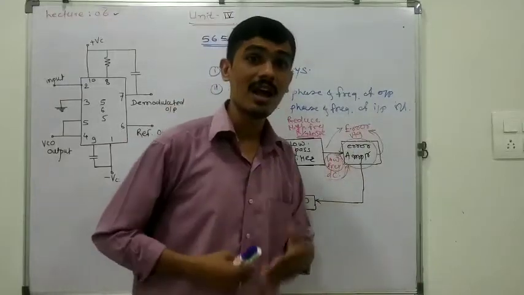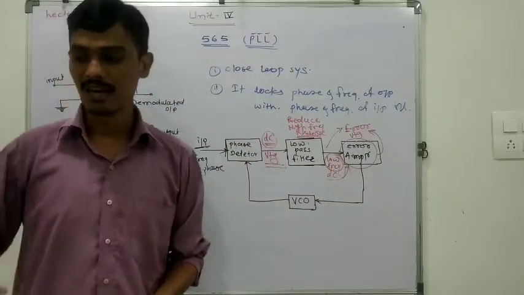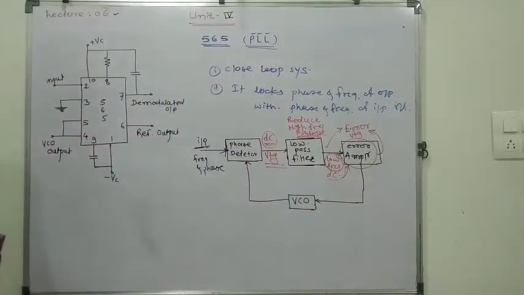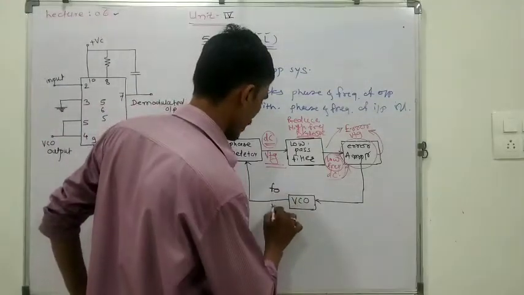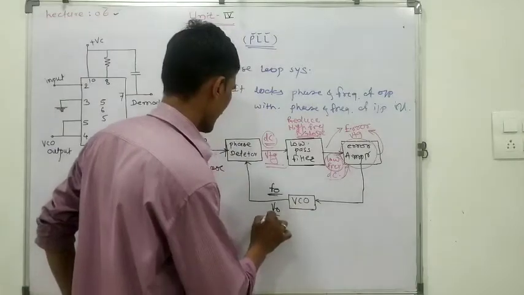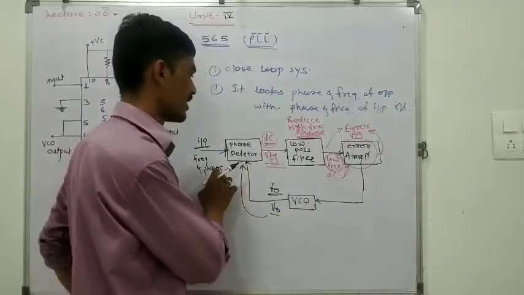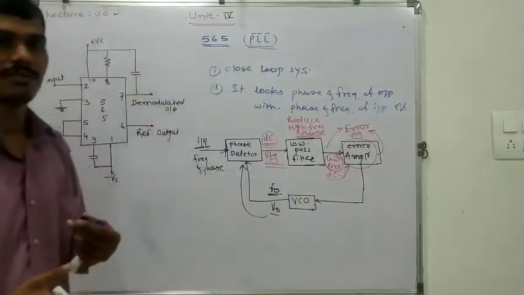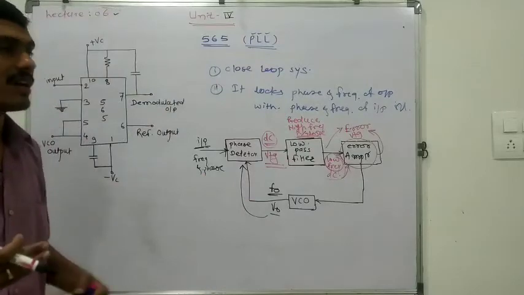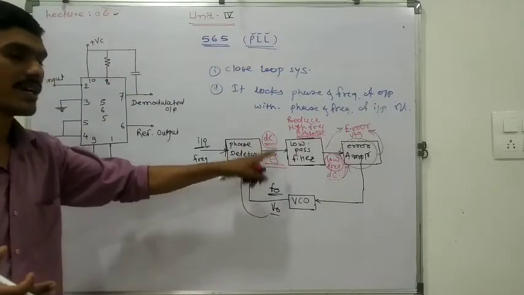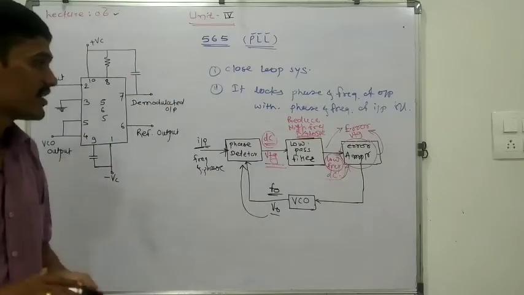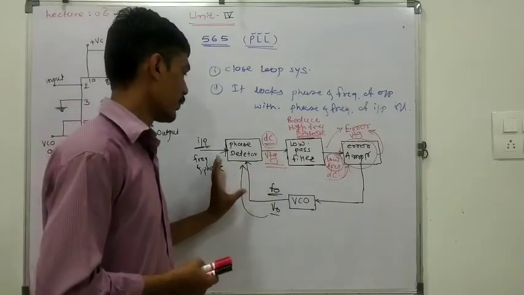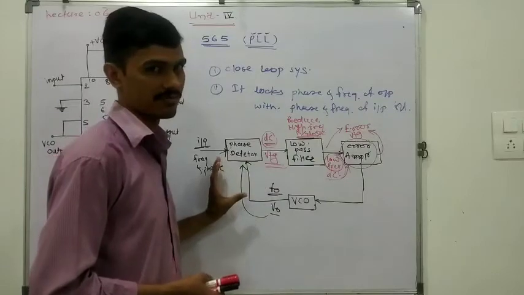The error amplifier will amplify the error signal and provide it to the VCO. The VCO provides some signal with F0 and VO, and that is provided to the phase detector circuit. The same process continues until we get a DC voltage of zero, and we get a constant DC voltage when these two frequencies are matched.